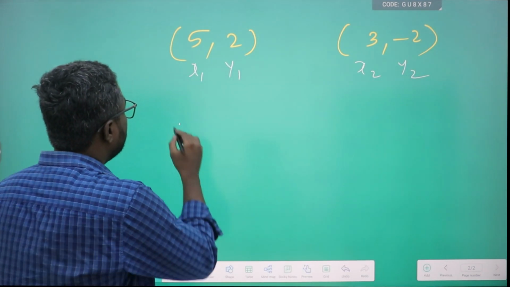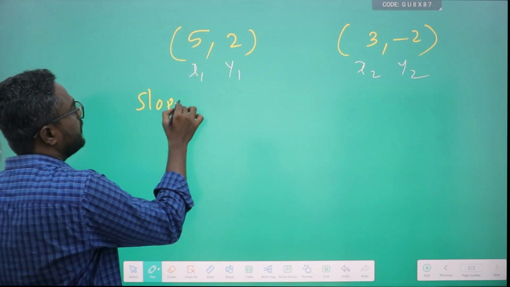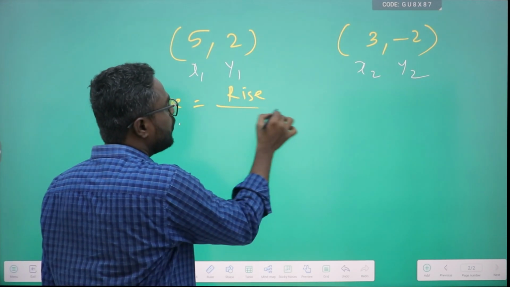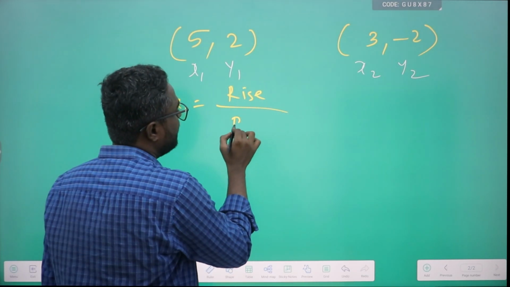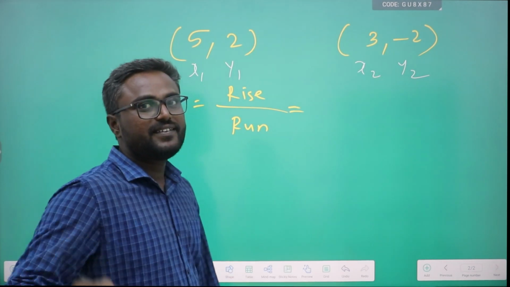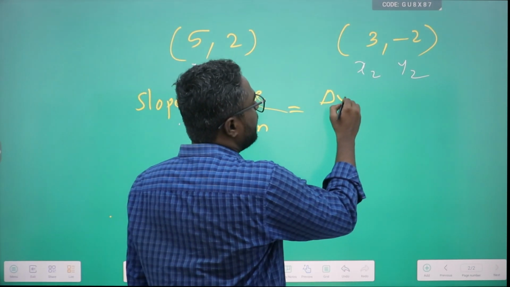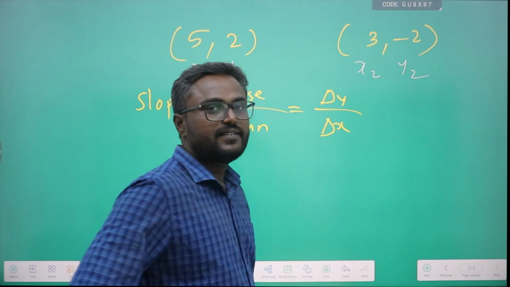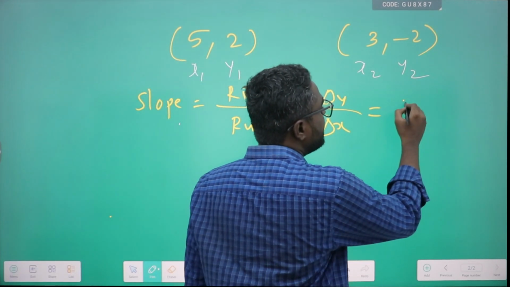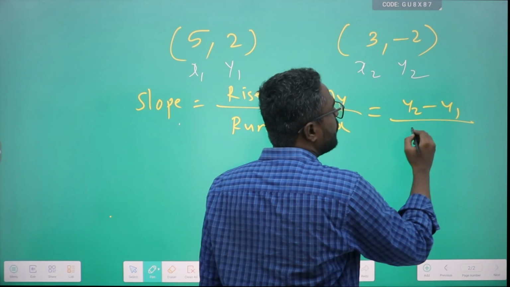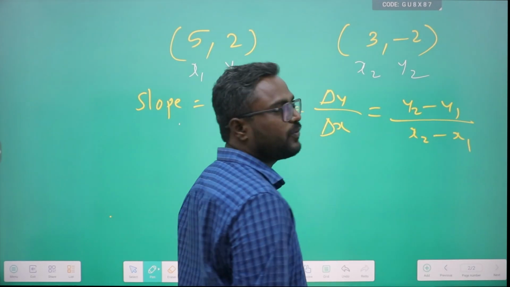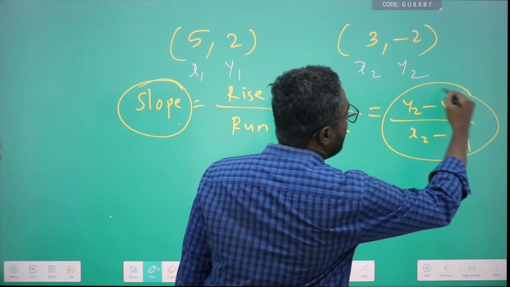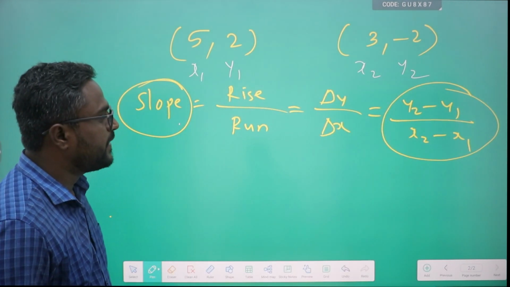What did we learn? Slope is nothing but rise over run, which also means the difference in y coordinate over the difference in x coordinate, which is nothing but y2 minus y1 over x2 minus x1. So we are just going to use slope equals y2 minus y1 over x2 minus x1.